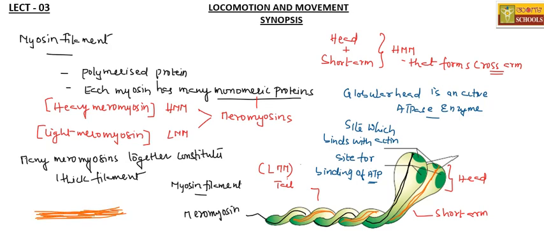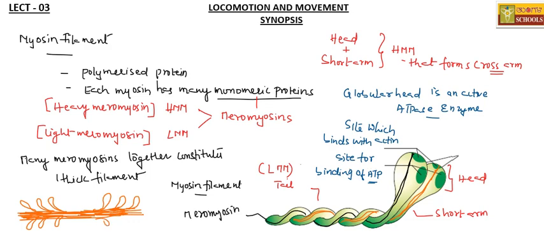All this will be the tail regions, and from these tail regions you will see the heads projecting onto the top, so many heads projecting on the top. This is how you will be seeing many meromyosins held like this.